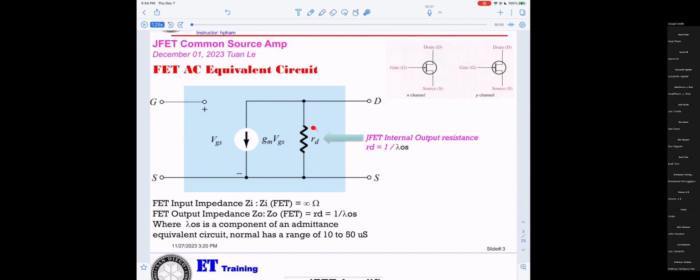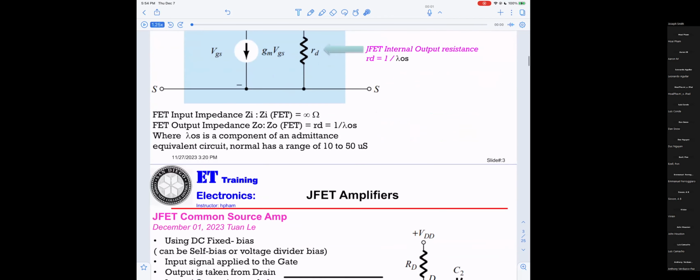Internal RD, that's what we're not using. Where lambda OS is a component of an admittance. Equivalent circuits normally have the range of 10 to 50 microsiemens, okay? But we don't care about that one. Never calculate that.